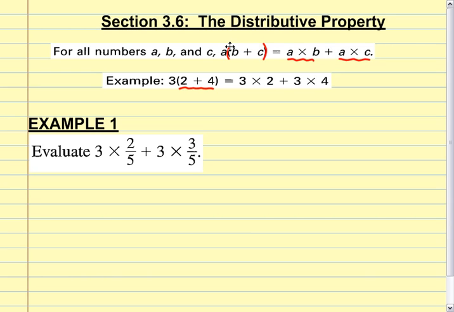Just tell me the number, Jenna. 2. And what are they, Jenna? 2 and 4. Okay? But they have to be separated by a plus or a minus. Not a multiplication sign. You don't distribute when there's a multiplication sign between them. Or a division sign between them. Only when there's a plus or a minus. Are you with me, Zachary? All right. Zachary said yes.